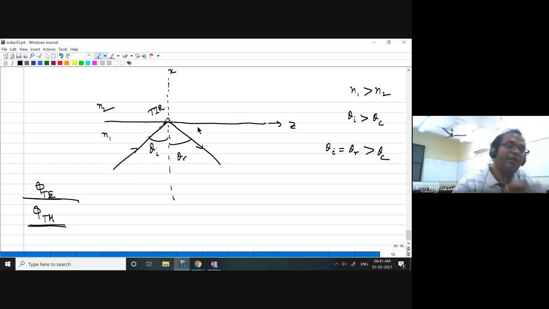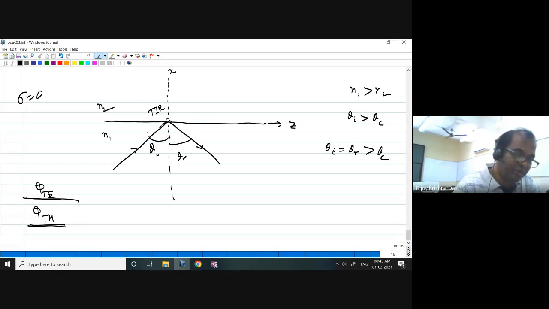But here, when total internal reflection takes place, the two media are dielectric, lossless, sigma equal to 0, we consider. Still total internal reflection takes place, but we can think analogously that there can be some kind of skin depth.